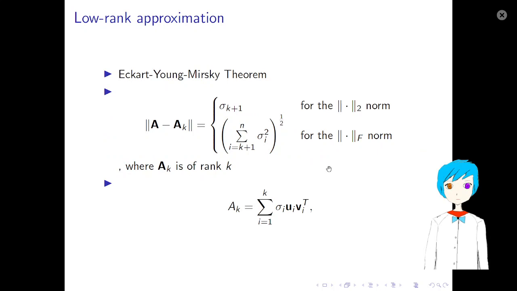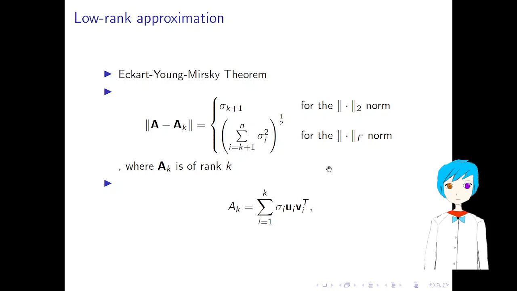So we discuss low-rank approximation to an arbitrary matrix. This is dependent on the Eckart-Young-Mirsky theorem. That is to say, for any given matrix A, the rank k approximation to the matrix A, denoted by A_k, satisfies the following property.